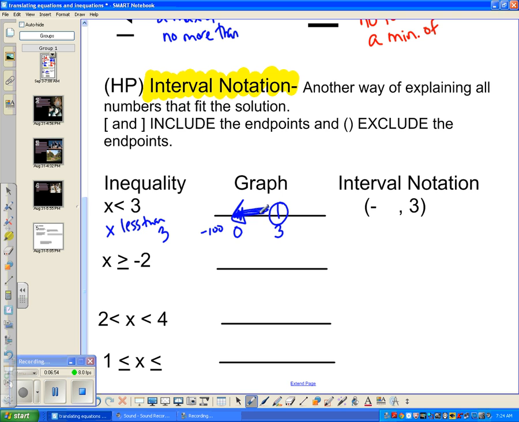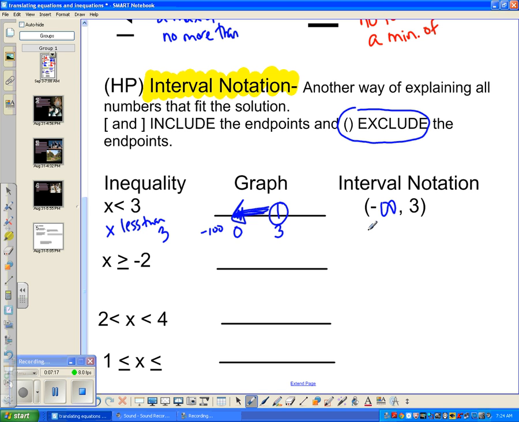In interval notation, rather than using the symbols, we can use parentheses to exclude the endpoints. Since 3 is not a value that fits the solution, I put 3 here and I put the parentheses. However, does this graph ever end? No, it goes on forever in negative infinity.